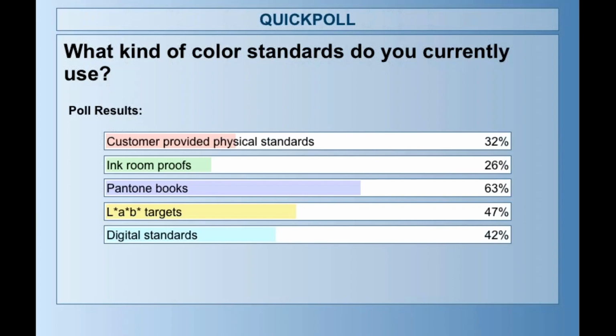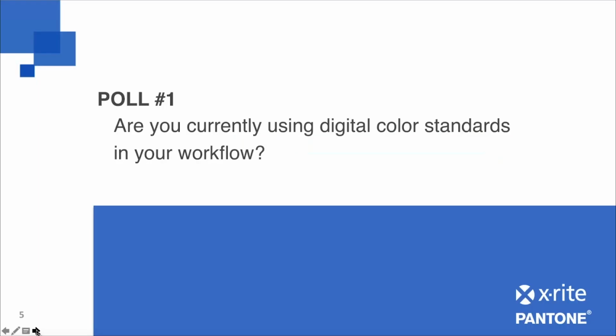All right, so here's the kind of standards most of you are using. A lot of people are using Pantone Books. There's quite a few people using customer-provided physical standards. These are the printed pieces that are sent out that the brand owner expects you to match. Fair number of ink room proofs. We got LAB targets.